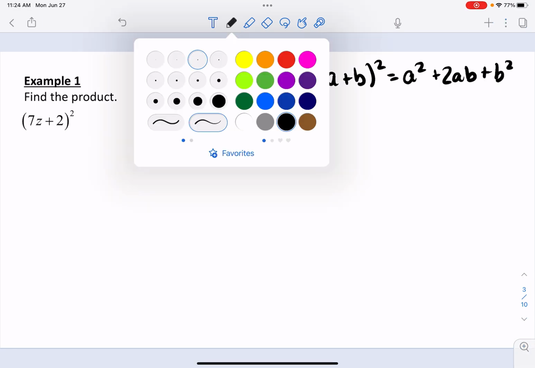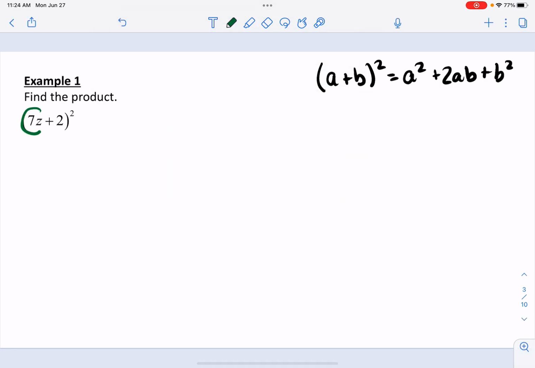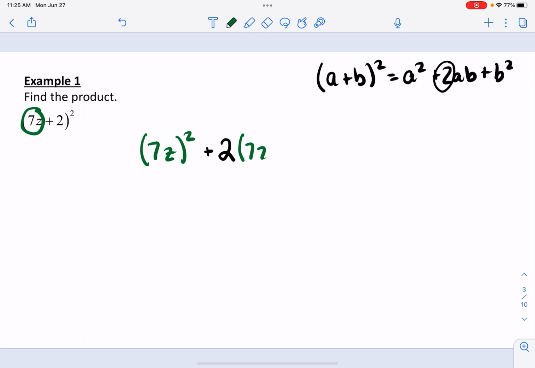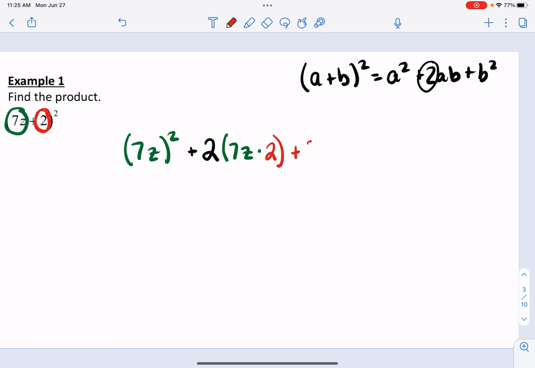So 7z, I square that, plus 2, that's that 2 that I've just put in there, times 7z times the last term, which is 2, and then plus that last term, 2 squared.